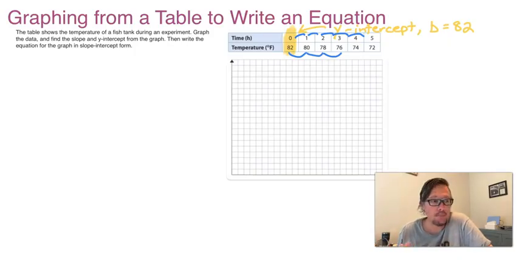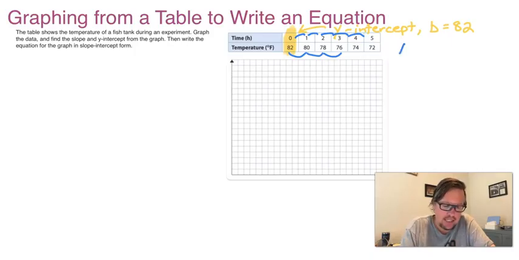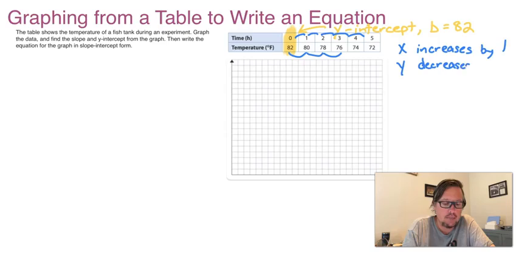What is y decreasing by? Well, it's decreasing by 2, from 82 to 80, from 80 to 78. So as x increases by 1, y decreases by 2.